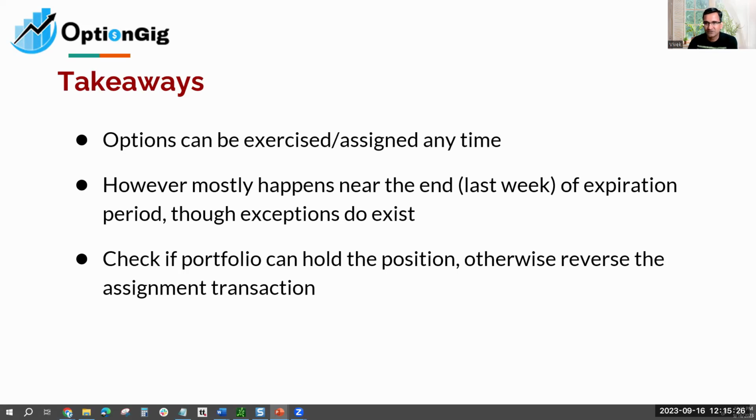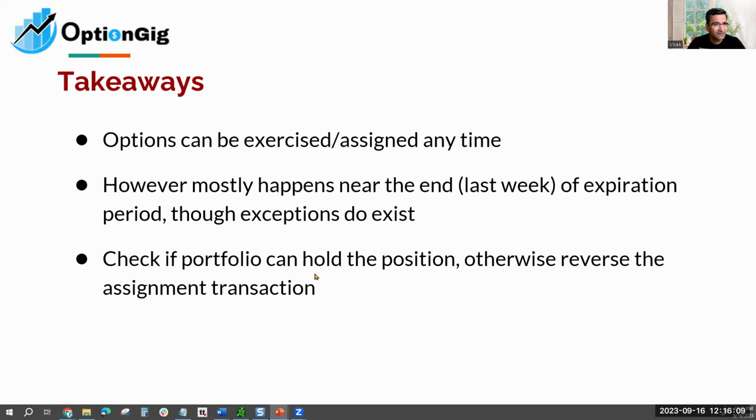So those are special cases in which someone may want to get the shares and not wait for the expiration, or is okay to lose the extrinsic value because the reward is higher. The dividend is higher than the extrinsic value. Or I can get more discount on Kenvue shares. I don't know whether J&J gave it on Kenvue or not, but let's say I can get spun-off shares at a discount which is more than the loss in extrinsic value. In those special cases, you could get assigned sooner than you may be expecting.